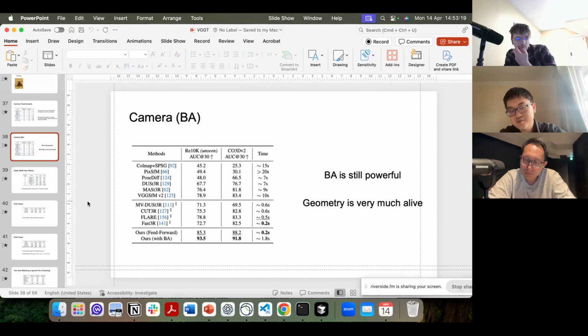Could we use such feed-forward reconstruction methods as a cross-check to validate if the robot's camera sensor is in a good state or not? Do you think this makes sense?